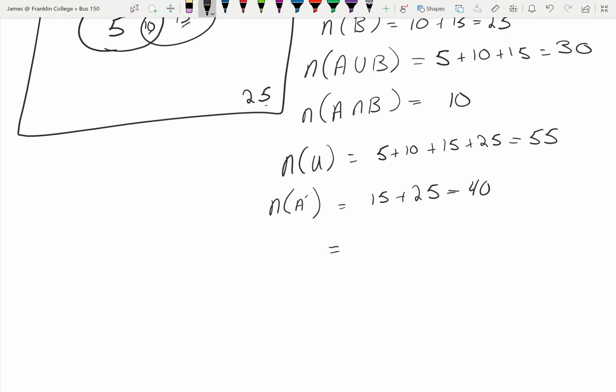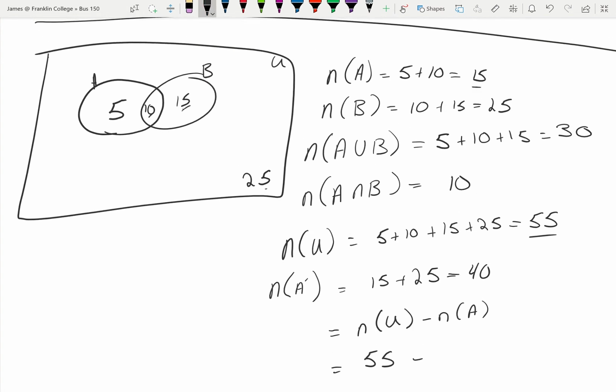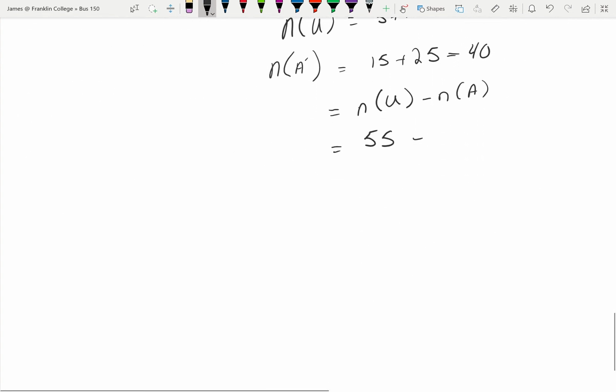So the number of elements that's in A complement is simply the number of elements in the universal set minus the number of elements in A. So that will equal, we know the number of elements in the universal set is 55, minus 15, which we already figured out is the number of elements in A, and that will tell us the same answer, 40. So it's just another way that we could calculate the number of elements of a particular set.